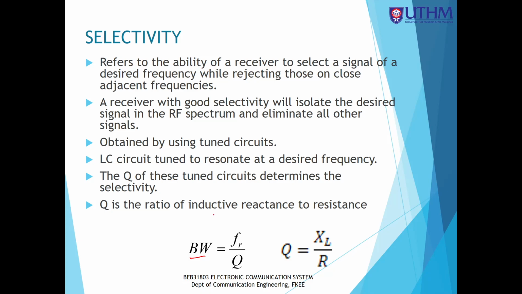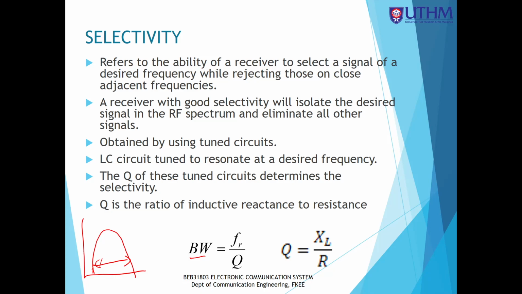How much bandwidth will the tuned circuit select? Again, this is also referring to the frequency response curve. So we want to know how much bandwidth is able to be selected by the tuned circuit.